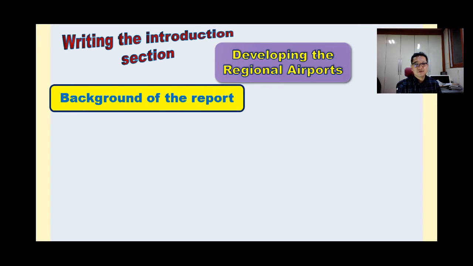The first section of the introduction is background of the report, and for this section we have two steps. The first one is initiation. You need to tell the readers how this report or this investigation was started.